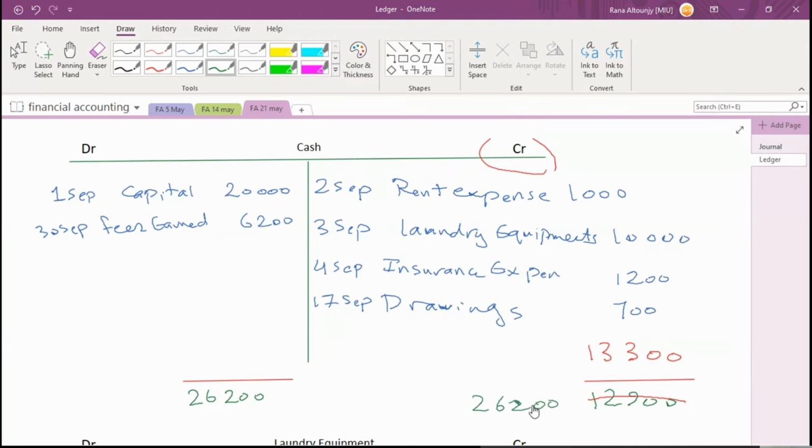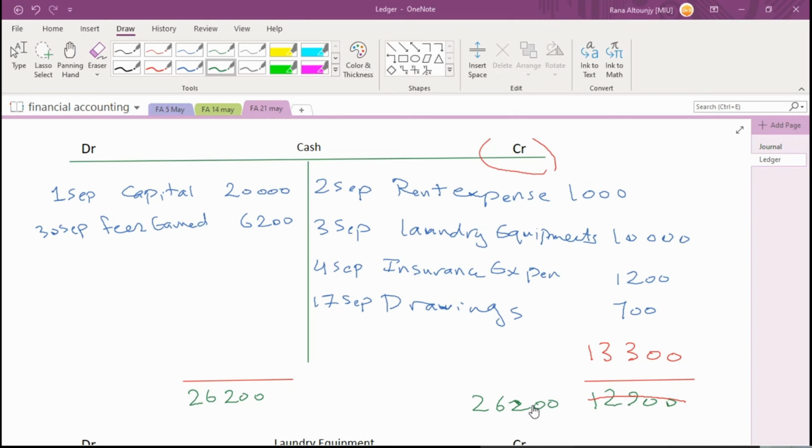And this is what it should be, because if you remember when we were talking about our accounting equation, we said that the debit and credit sides should always be equal. Also here, when we are opening the ledger, we need to always put the debit side and credit side of any account equal. To make it equal, we have to add an amount to one of the sides, like if you are doing the weight.